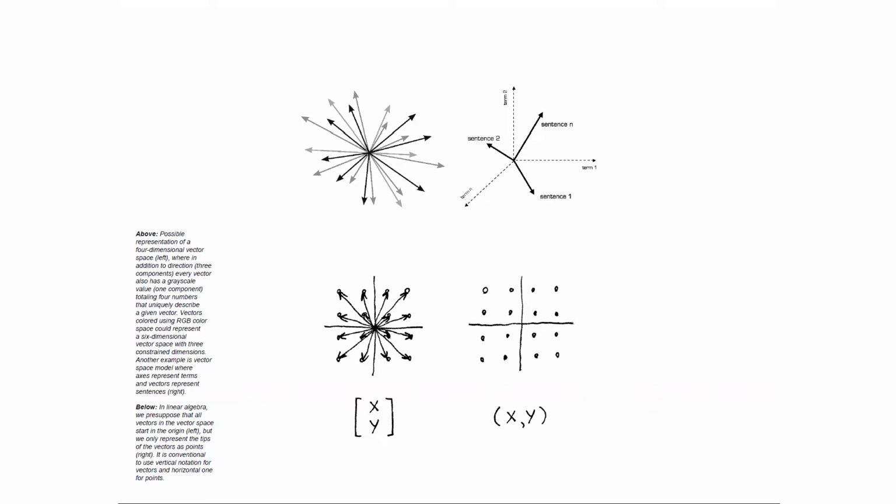Every time you open a 3D program that displays meshes or anything 3-dimensional, this is the underlying mathematics. But for us, why this is useful is: in mathematics, you would write a vector using a vertical notation, and you would use a horizontal notation to display points.